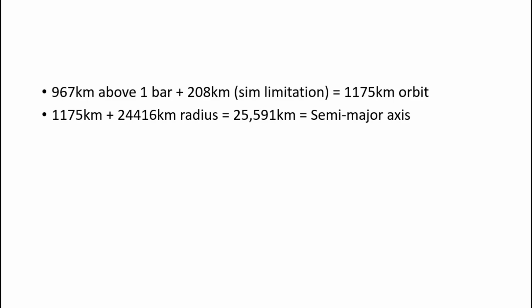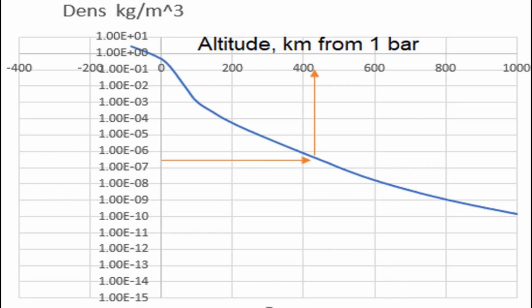The next thing we need to know is the altitude of the atmospheric interface, where active attitude control begins. That should be the altitude where the density reaches about 5.55 times 10 to the minus 7 kilograms per cubic meter. That happens about 415 kilometers above the 1 bar line.